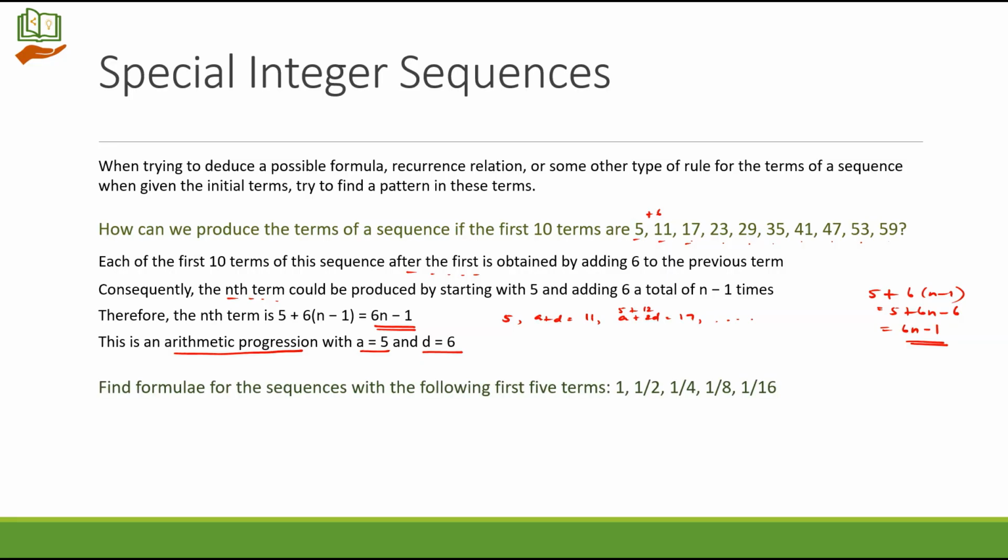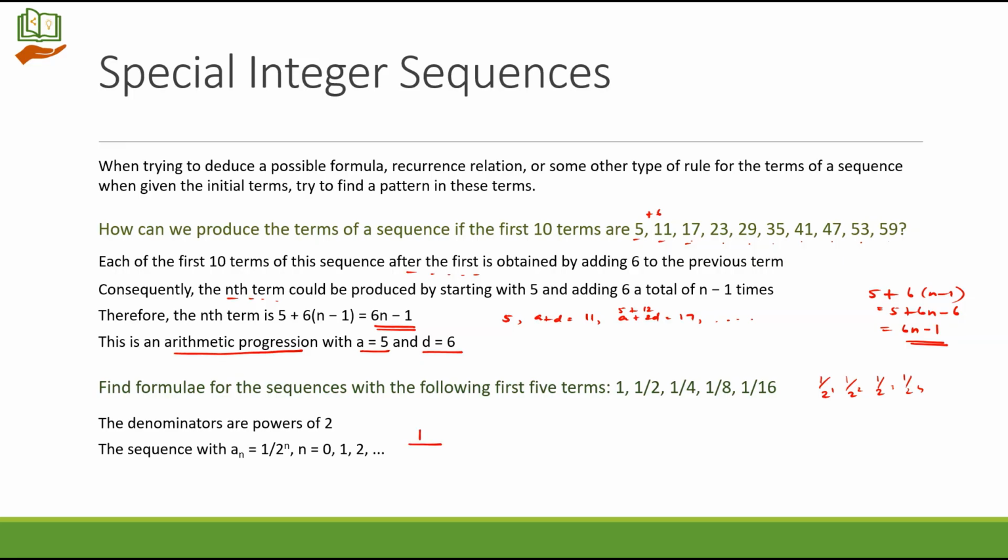Now let's see another example. Find formulae for the sequences with the following first 5 terms: 1, 1 by 2, 1 by 4, 1 by 8, 1 by 16. Actually, this is in the form of 2 power 1, 2 power 2, 2 power 3, 2 power 4 under fractions. The denominators are powers of 2. The sequence with an is equal to 1 divided by 2 power n, where n is equal to 0, 1, 2.